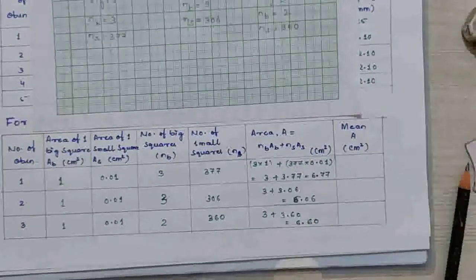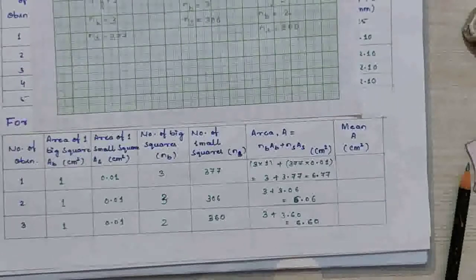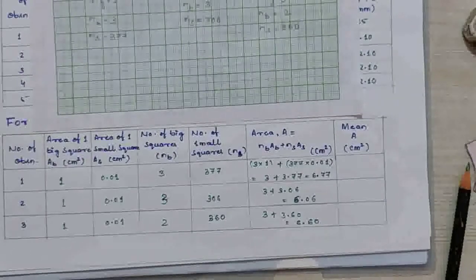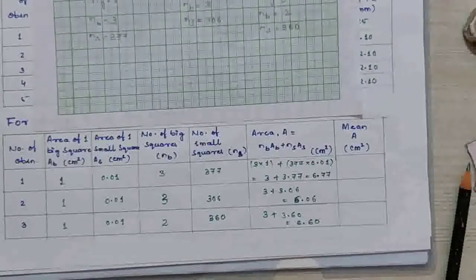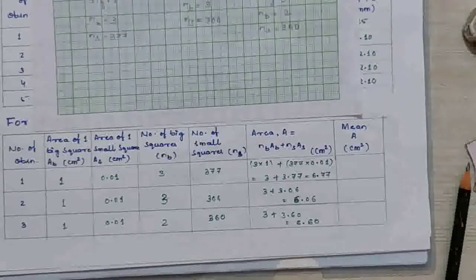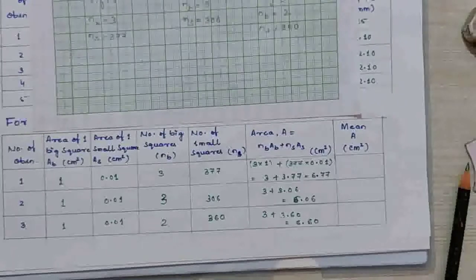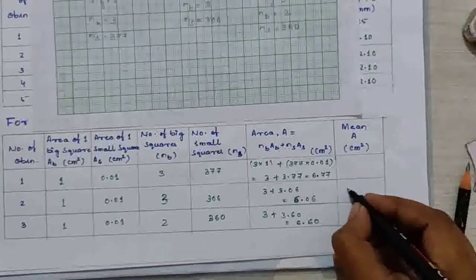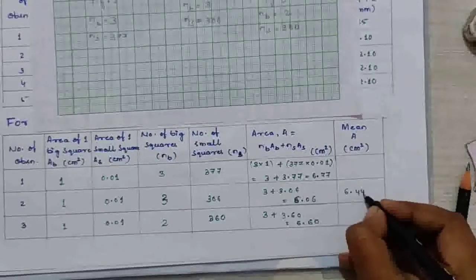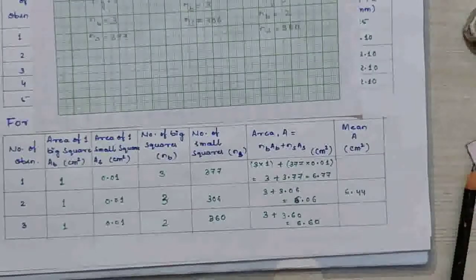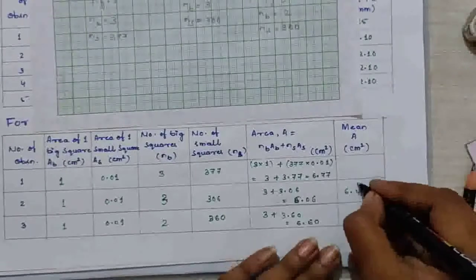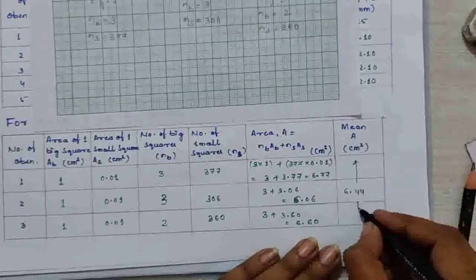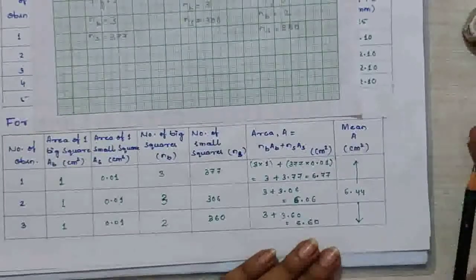Now we will take the mean of the three areas, that is 6.77 plus 6.06 plus 6.60 divided by 3, that is coming as 6.44 centimeter square. So we can say this is the mean value of surface area of this glass lamina.